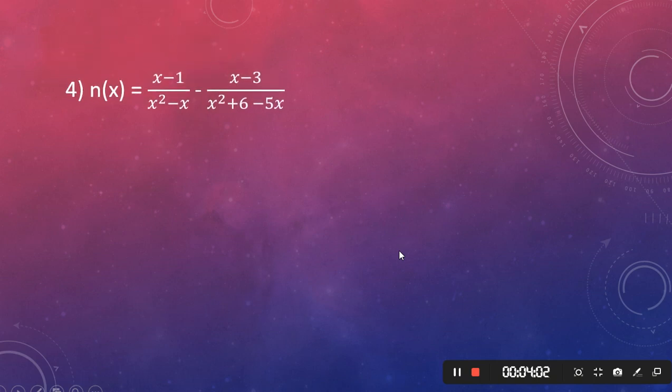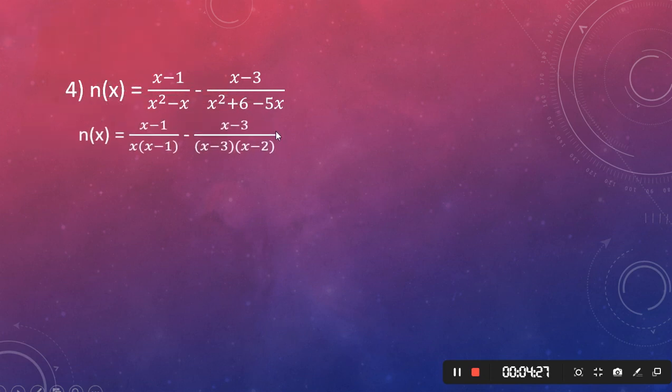Example 4: (x minus 1) over (x squared minus x) minus (x minus 3) over (x squared plus x minus 5x). It appears here this trinomial has to be arranged. I have to write x squared, then negative 5x and plus 6.